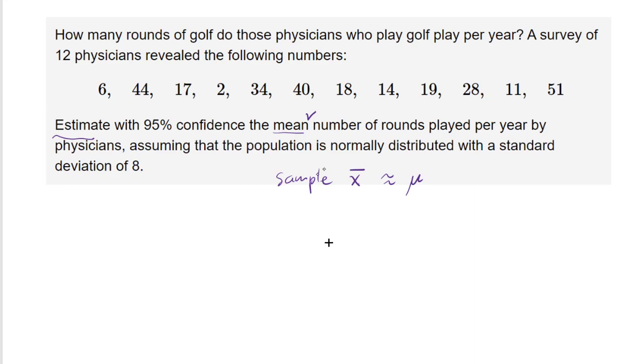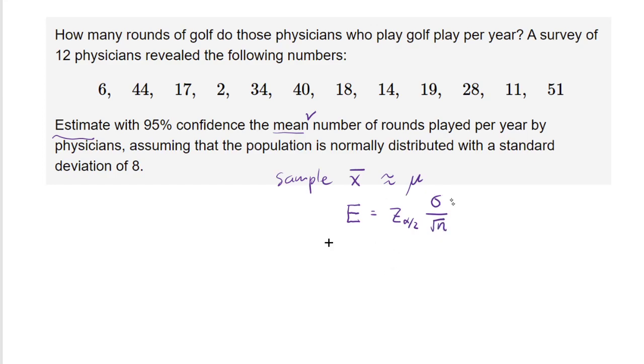But because we only have 12 physicians, 12 data points here, it's going to have some errors. So the concept is to think about this margin of error, and the formula for margin of error is given as the critical value times the standard deviation of the entire population divided by the square root of n.